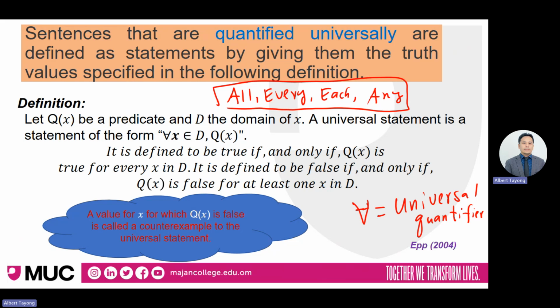It can only be true if and only if this predicate form is true for every x in D. So this is our general form. We will have more examples for you to understand this form.